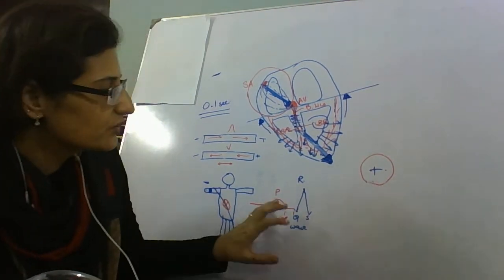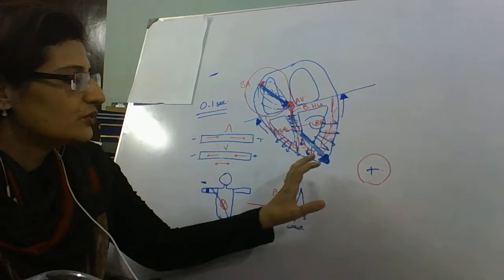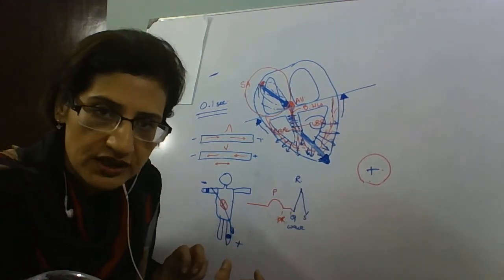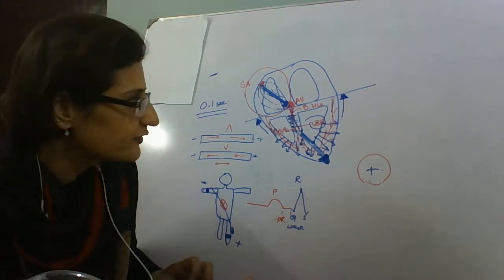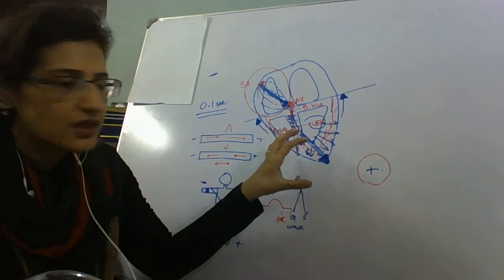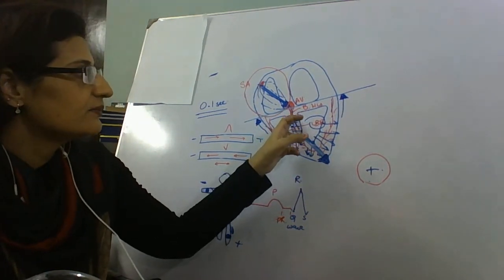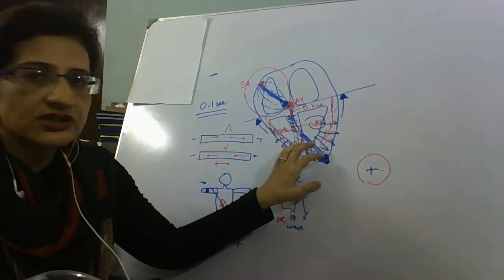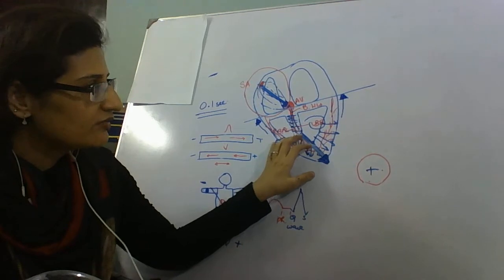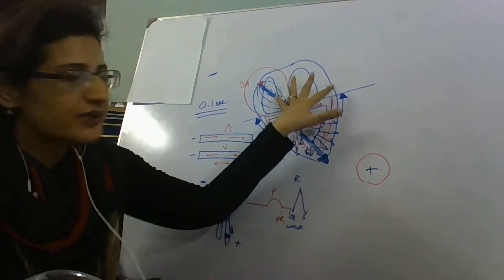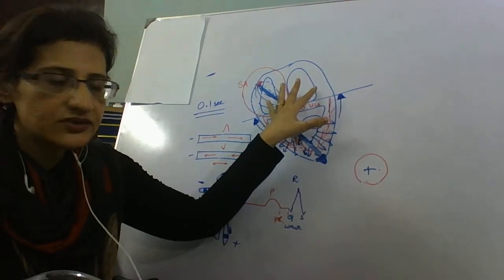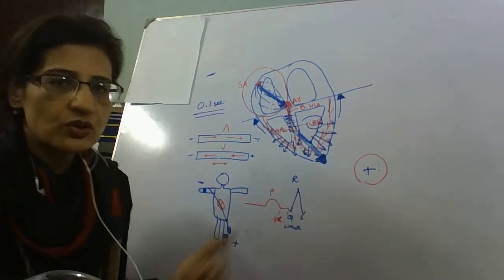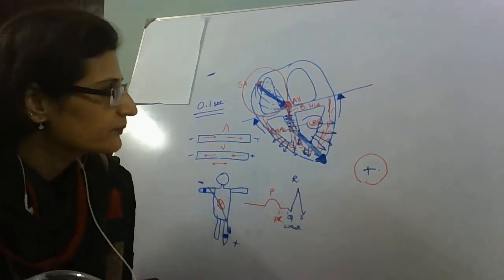So this is the theory behind the QRS complex, that is the depolarization of the ventricles starting from the bundle branches, going into the Purkinje fibers, traveling from the apex to the base of the ventricles, and resulting in this typical waveform which is called the QRS complex.